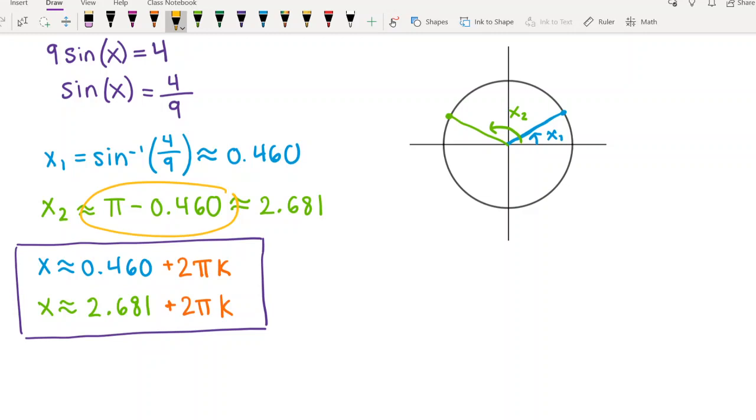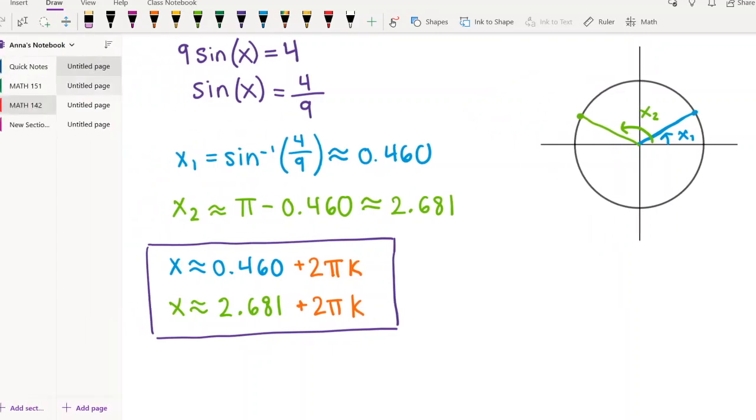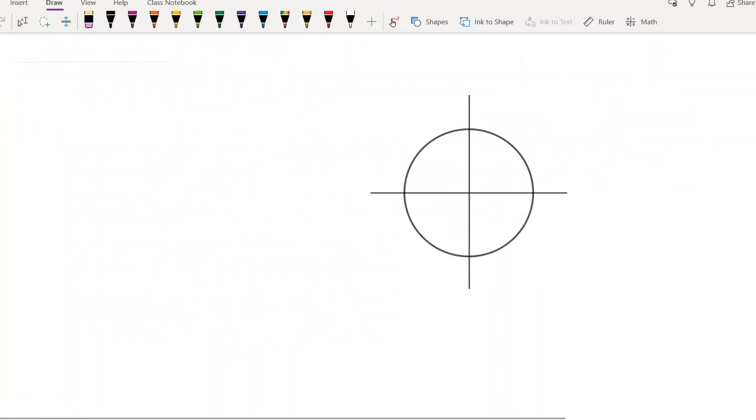But I would caution you against it, because if you just memorize a rule, you might get confused when you do problems with cosine, since that exact rule does not work with cosine. Rather than forcing your brain to remember different rules for each trig function, if you just draw a picture and use common sense and geometry, I think that's a much more guaranteed way to get to the right answer.